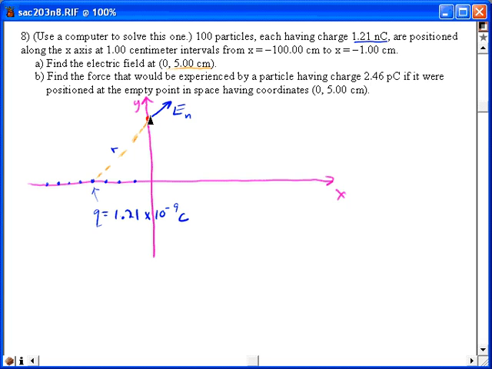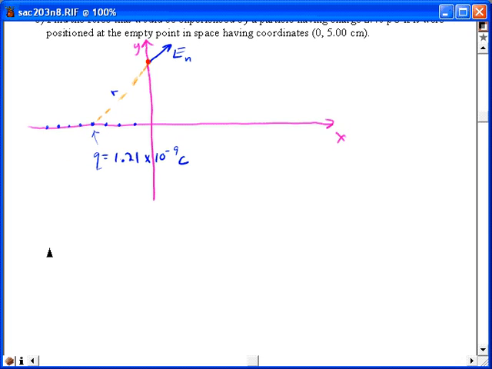Now each one of these particles is creating an electric field in a different direction. We've got to add them all together vectorially to get the total electric field. So the total electric field will be E is equal to the sum for n equals 1 to 100, where this R is actually R sub n.